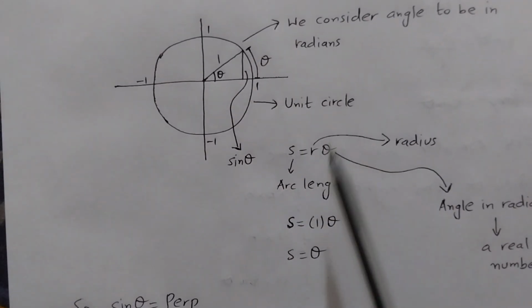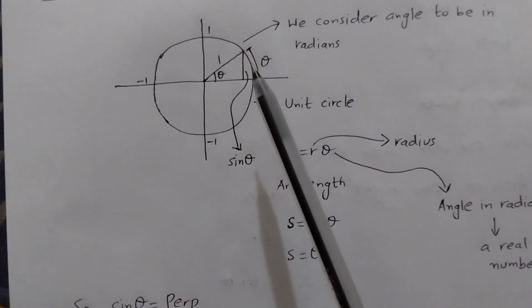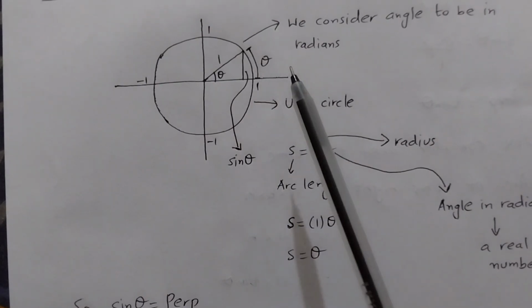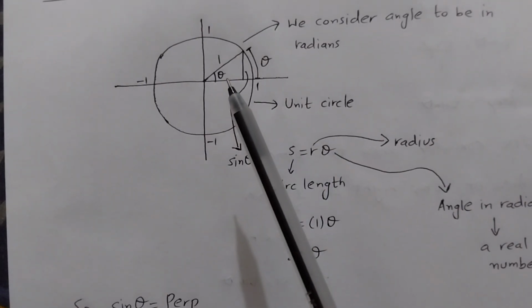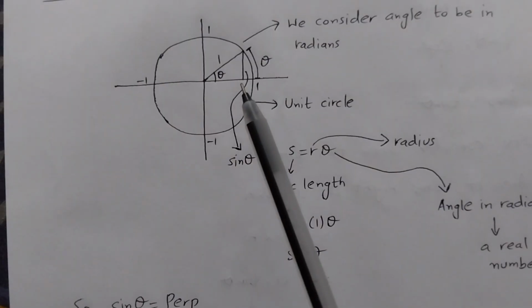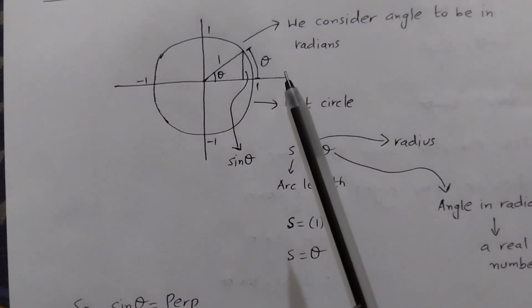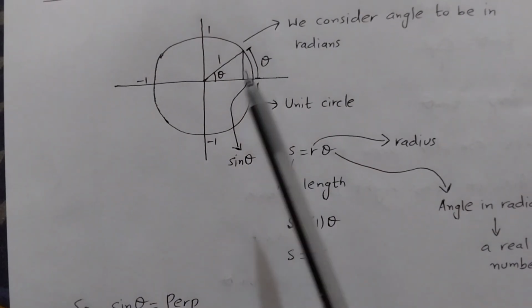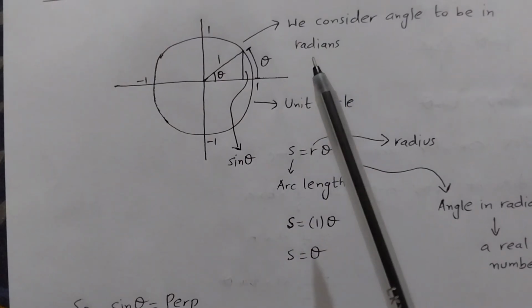What does this mean? This means that this arc length, this curved thing, has length equal to theta, and theta is the angle, and it's a real number. Theta is in radians. So it only makes sense that this arc length is equal to theta because it's a length, and length must be a real number.